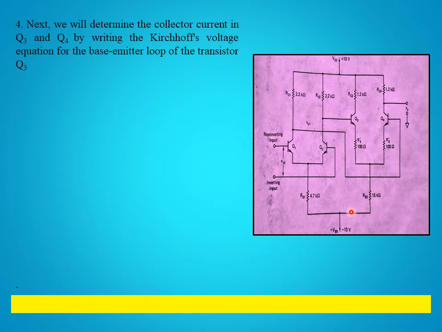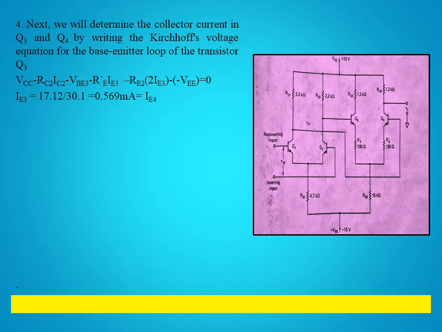So we'll write the equation from VCC to minus VEE following this path. Here, then we'll go through the base to the emitter to resistor RE dash, then this resistor, and then minus VEE. So in this way we get this equation.